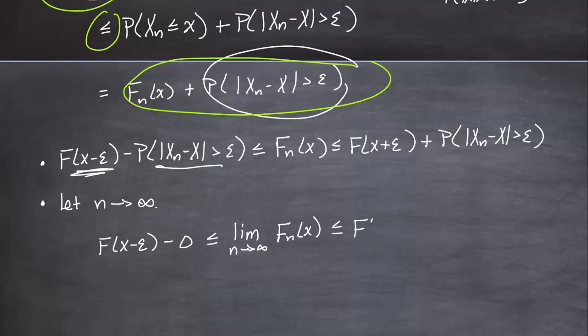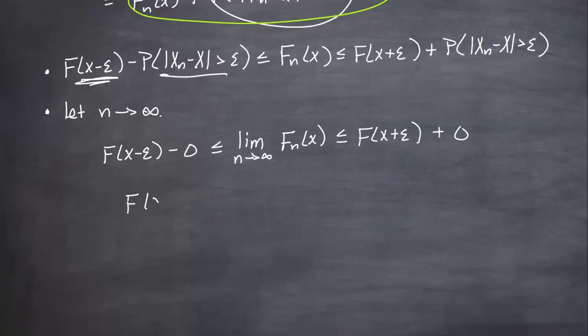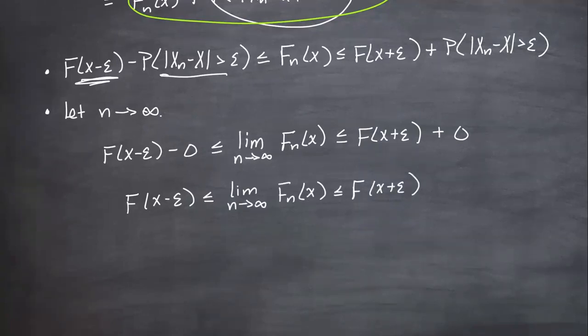As n goes to infinity, that first term just sits there, and the second term goes to 0. So real quick, let me just get rid of that 0, make this a little nicer looking. Now again, at this point, I don't even know that this limit exists, but what I'm going to do is take our arbitrarily chosen epsilon.